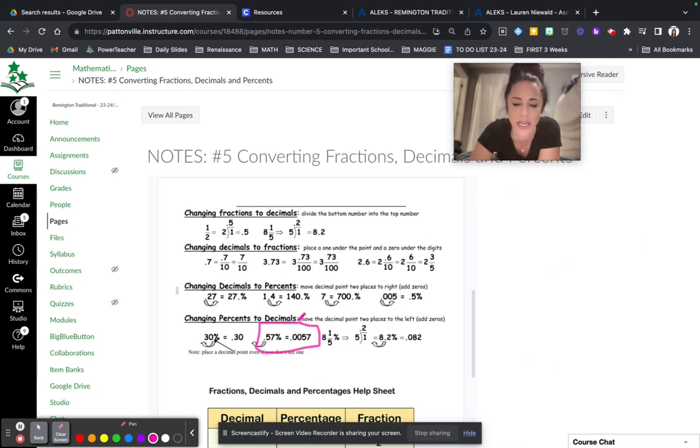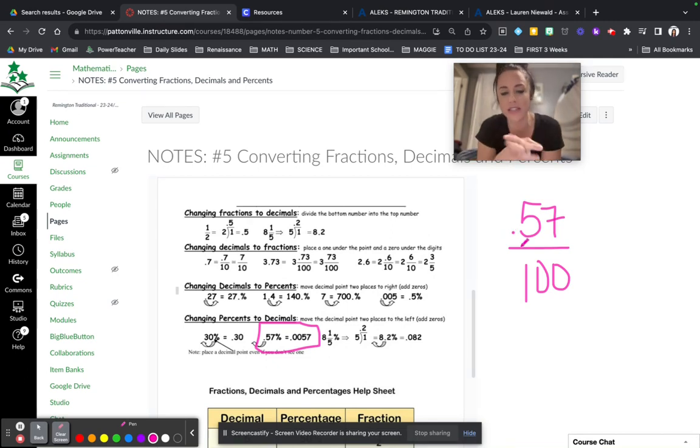Another example to look at would be here. If I'm at 57%, another way of saying that is 57 over or out of 100, right? Oh, sorry, I lied. There's a decimal point sitting right there. Okay, this is perfect. So this is saying 57 hundredths.